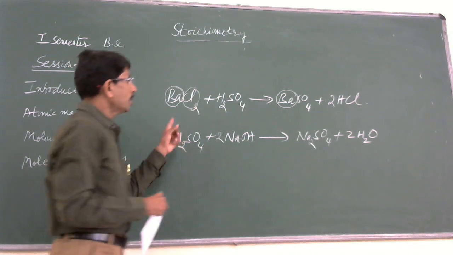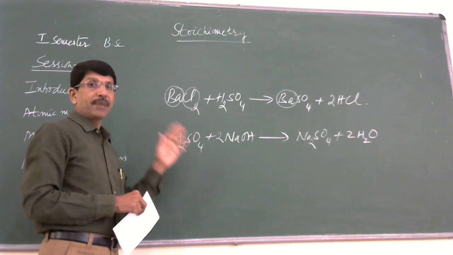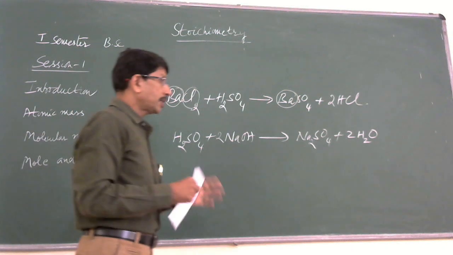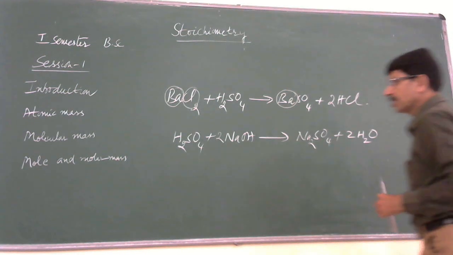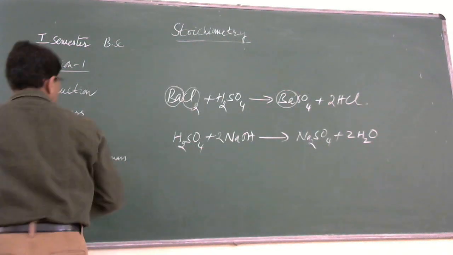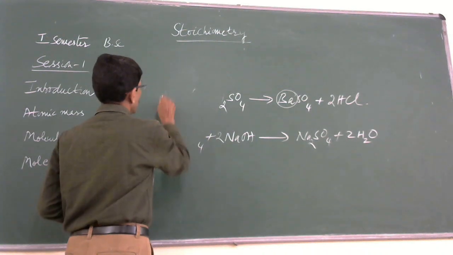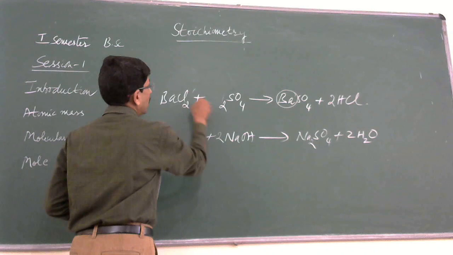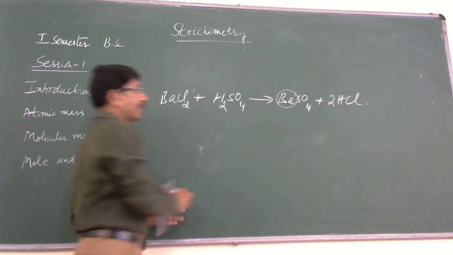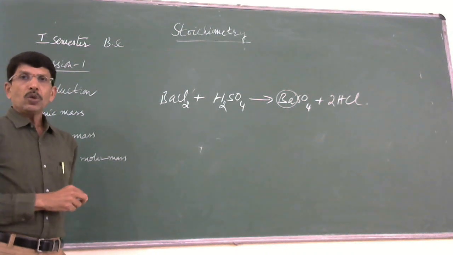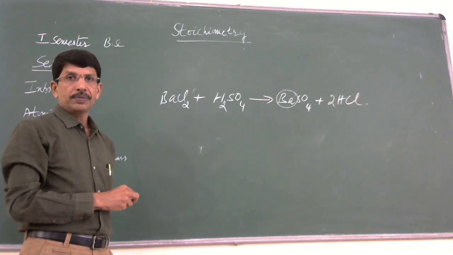Right. So these are examples of balanced chemical equations. As I said, balancing is necessary in accordance with the law of conservation of mass. When you look at this equation, which is balanced, what information do we get from it?